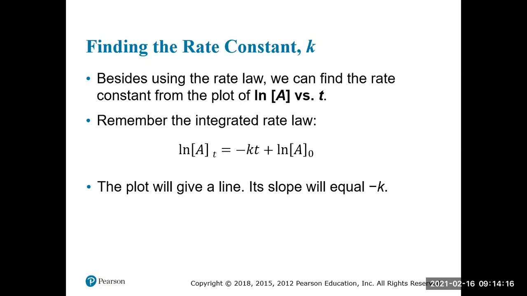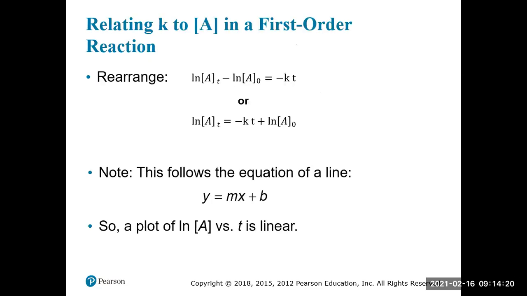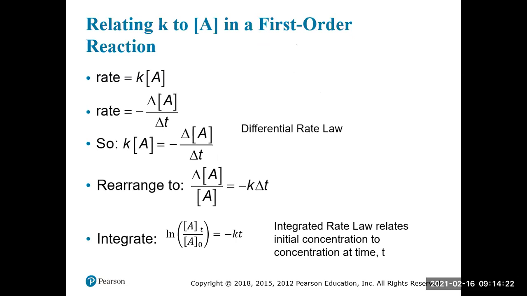So that's the reason why people would express it like this. Usually when you're using the formula to do a calculation, you use more of this presentation of it, the natural log of the ratio equals minus kt.